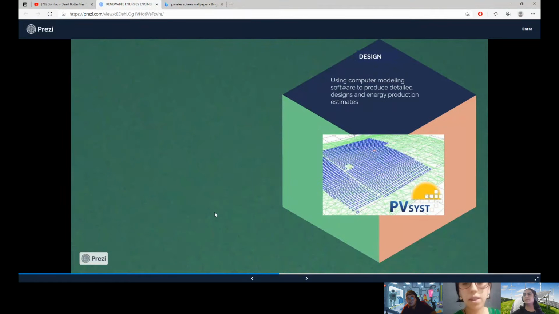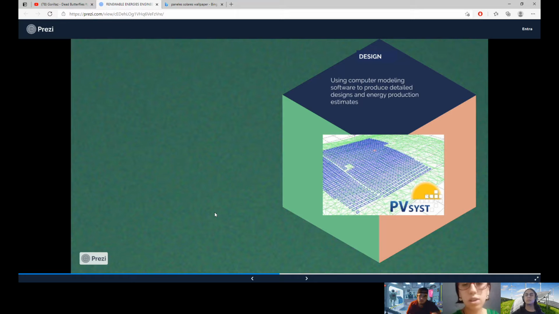Well, another area that we would like to mention is the design, where the engineer needs to use some computer software where we can make the modeling of the systems that we are going to work with. This might be with the design, to get how many panels we are going to use or to verify the space, the order that they are going to have.